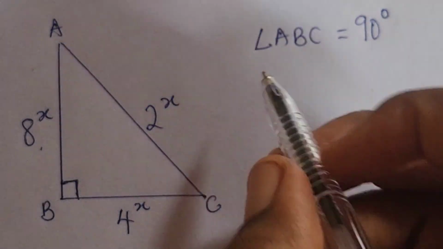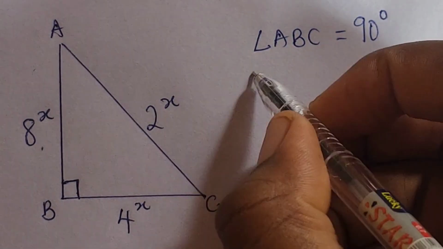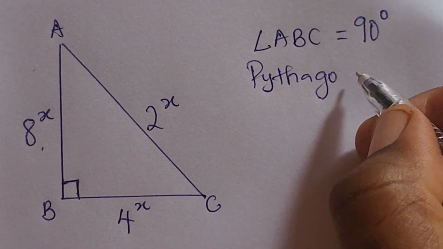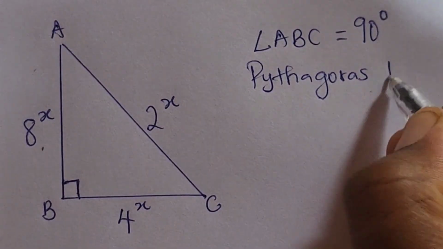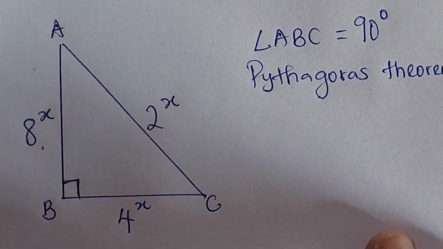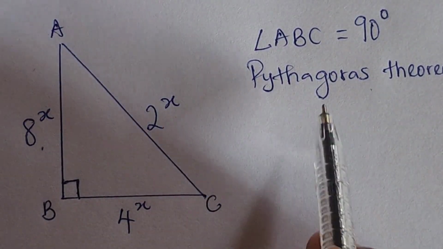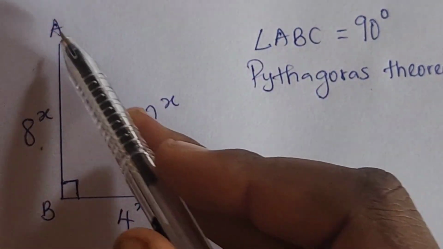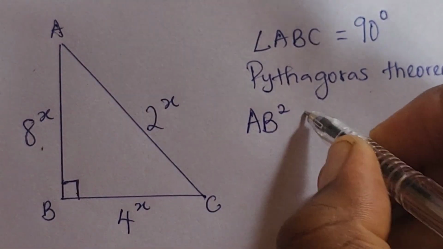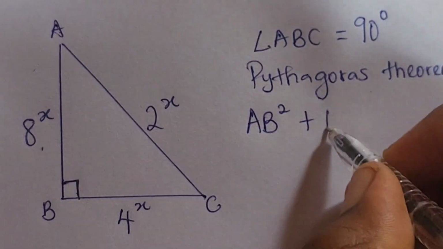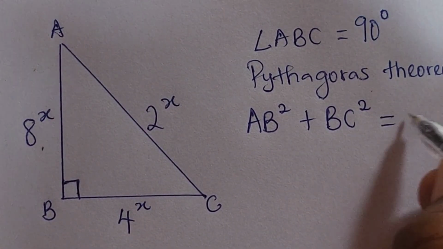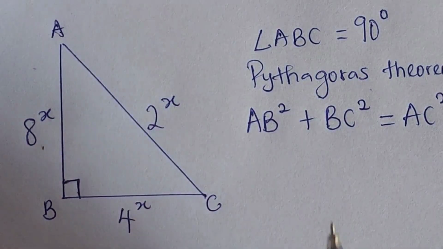Now, from Pythagoras theorem, we have that AB all squared plus BC all squared will be equal to AC all squared.